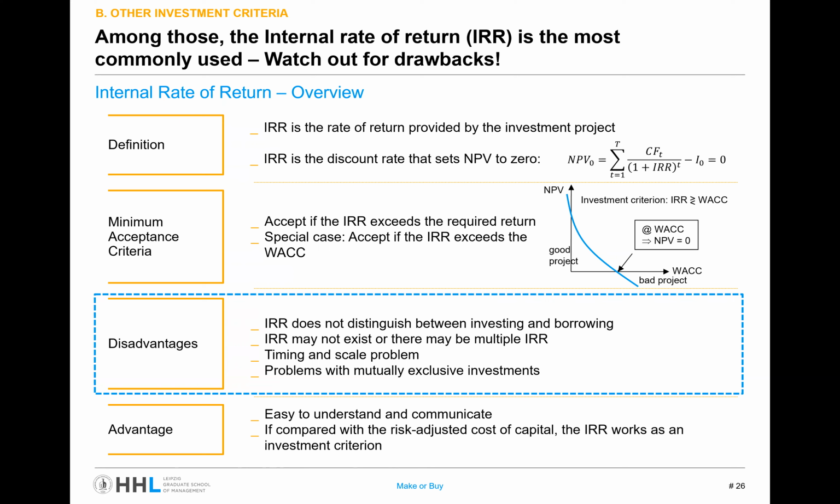Same equation. You just say the NPV is known, that's 0, and you try to figure out the discount rate. Usually you need Excel for doing that, at least if you have more than 2 years in your cash flow planning. I think the next slide shows how that can be implemented. Rather easy, very simple. Also something that we can talk about on Friday.